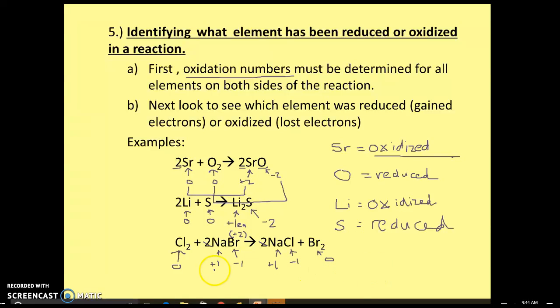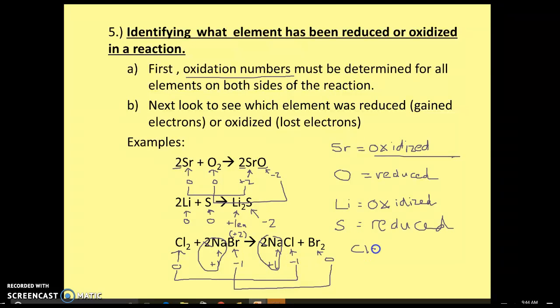So now we need to look. I noticed that chlorine, Cl, went from 0 to -1. Notice that sodium didn't change, stayed +1, so it's not changing. Then bromide went from -1 to 0. So what was oxidized, what was reduced?